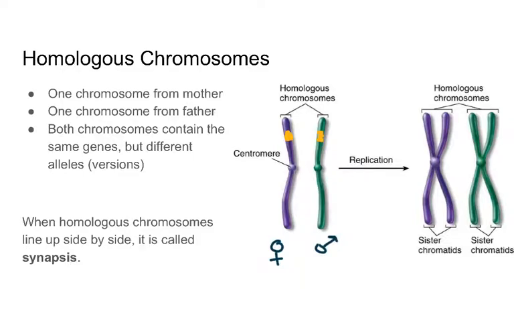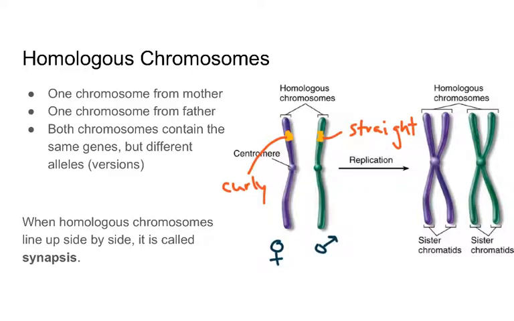So the female might code for curly hair, and the male might code for straight hair. But both code for the hair texture or hair structure. That's what I mean when I say we've got the exact same genetic code.